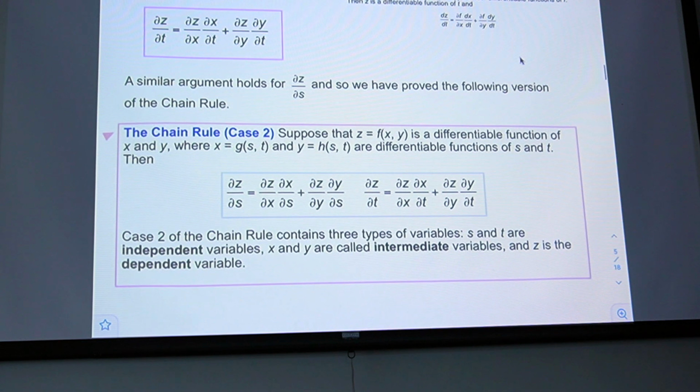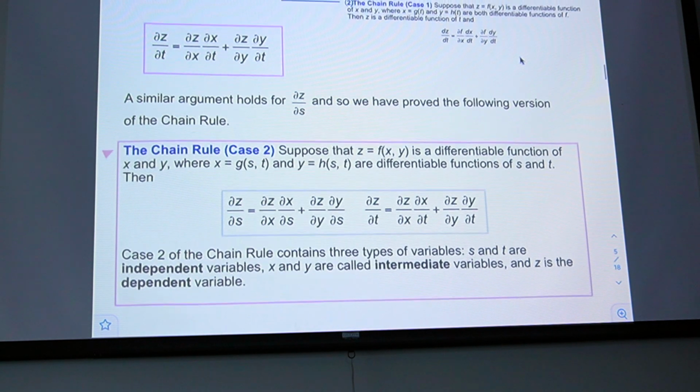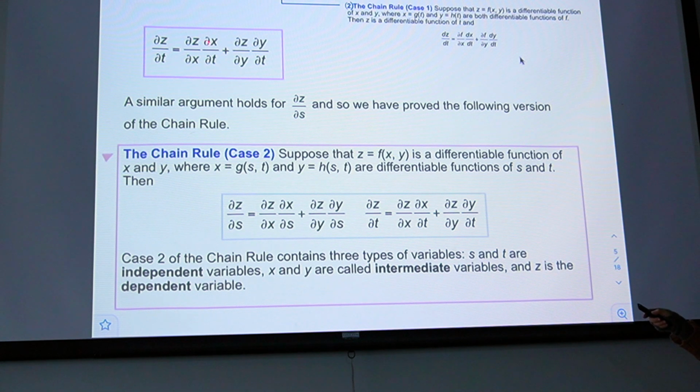And then similarly, you use a similar argument to find partial z, partial s. So we put them together here side by side. This is the chain rule, case 2.